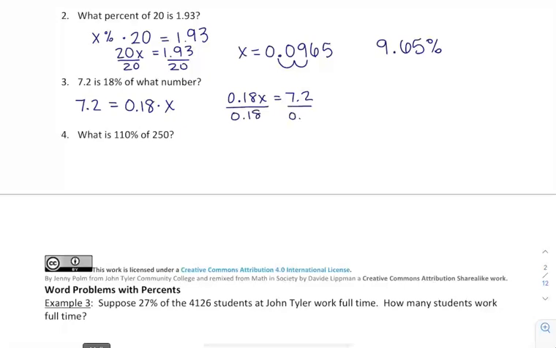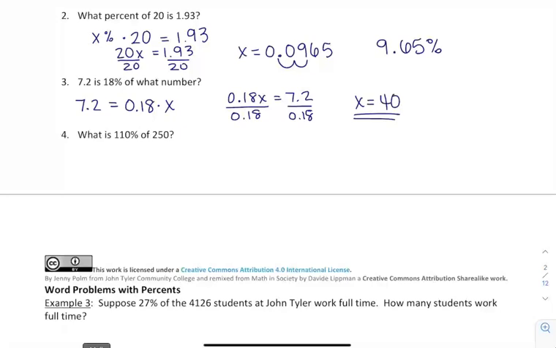And I changed the order around so the x is on the left. We could have done it with x on the right. But divide by 0.18 to solve this one. 7.2 divided by 0.18. And here we're getting that x is 40. And this time x was not representing a percent. So our answer will just stay as 40.